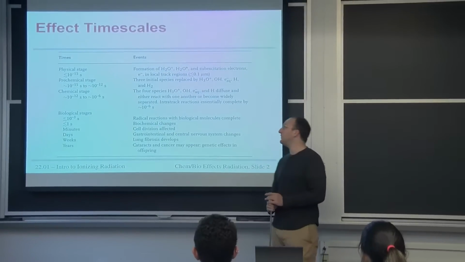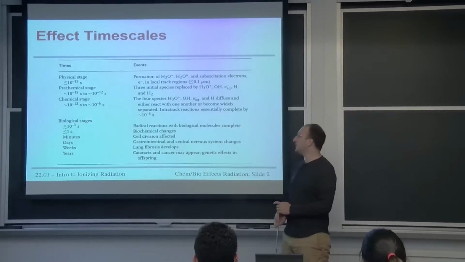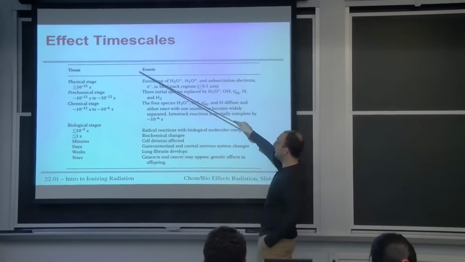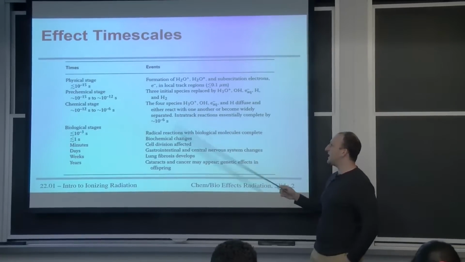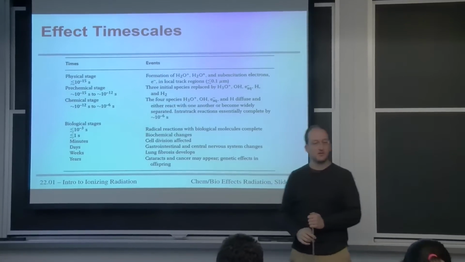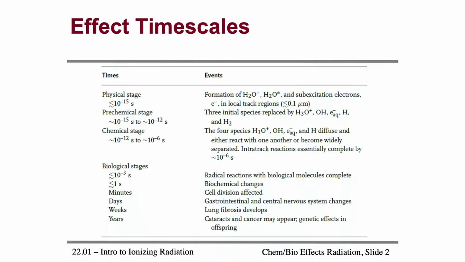So as a quick review of all the different biological effects, we've pretty much taken it up to here. We've explained the physical and chemical stages of what happens when radiation interacts with mostly bags of water with some solutes in them, better known as organisms, at dynamic equilibrium.